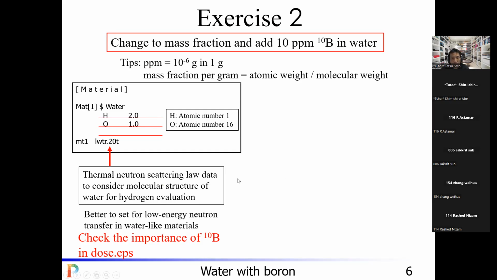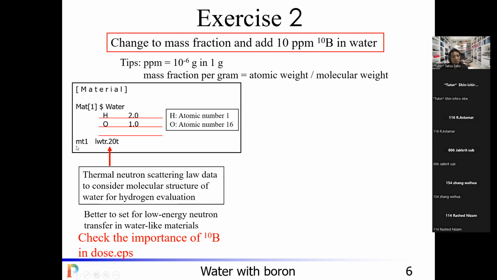One important notice here, not directly related to the exercise, is this line. This line indicates thermal neutron scattering law data to consider the molecular structure of water for hydrogen evaluation. In neutron transport in the human body, most hydrogens are composed of water, so it is better to use the hydrogen cross-section for water.